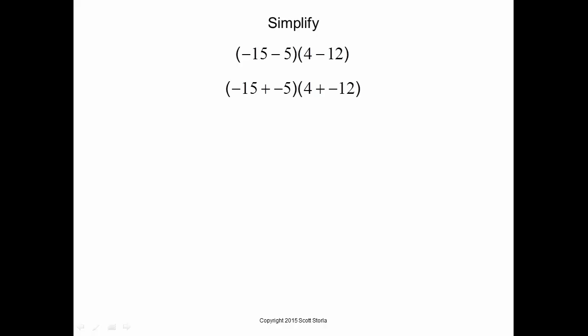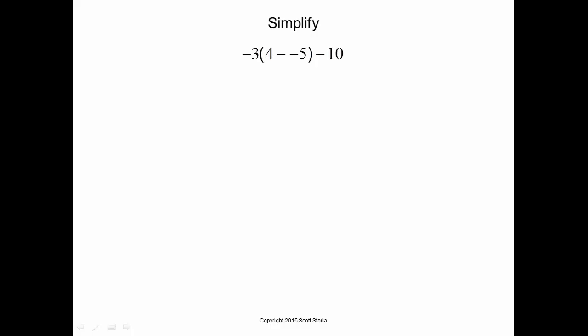Inside the second set of parentheses, the signs are different, and after subtracting and keeping the sign of the larger number in absolute terms, I'll get -20 and -8. When you're multiplying, if the signs are the same, you get a positive product, and so my final product is positive 160.